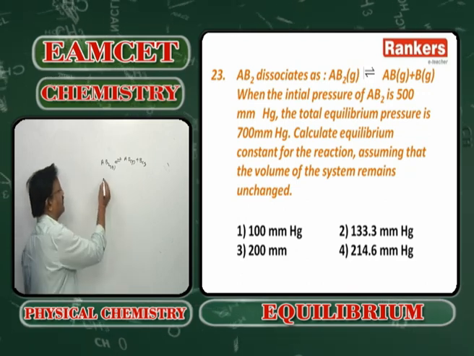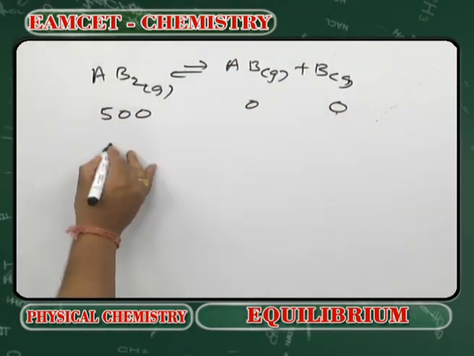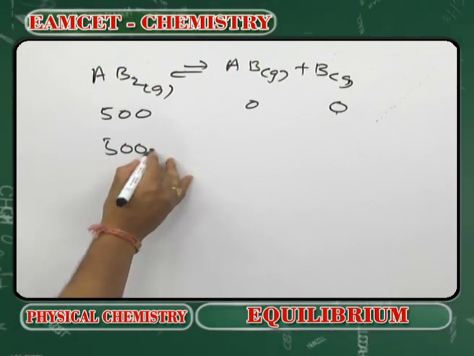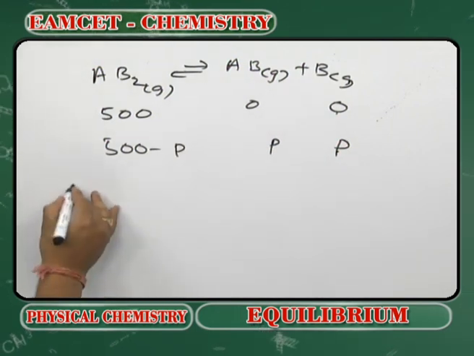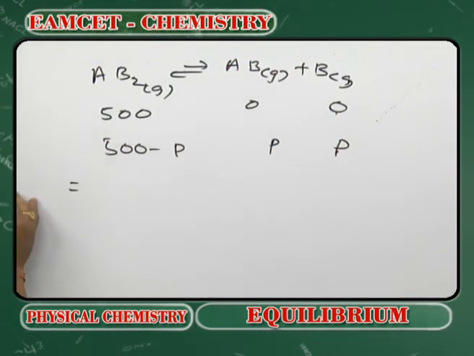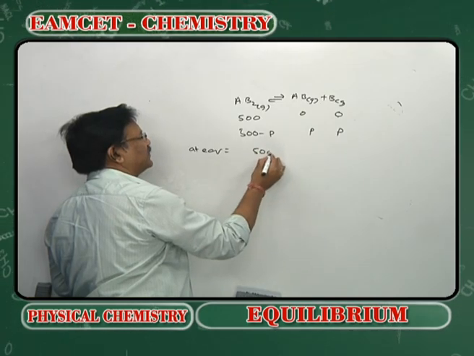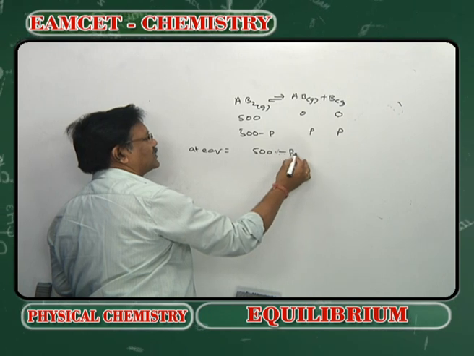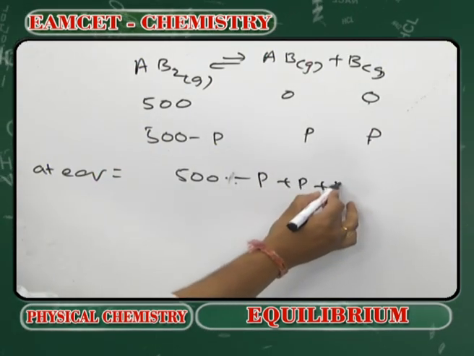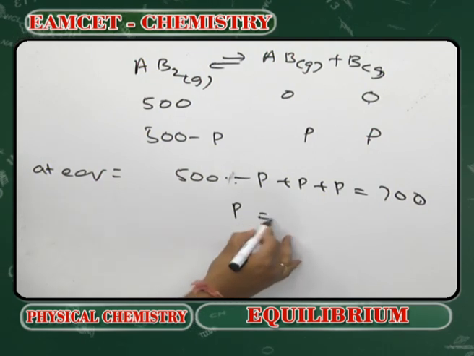Initial pressure is 500, and 0, 0. At equilibrium, 500 minus P, P, P. 500 minus P plus P plus P is equal to 700. So P is equal to 200 mm.